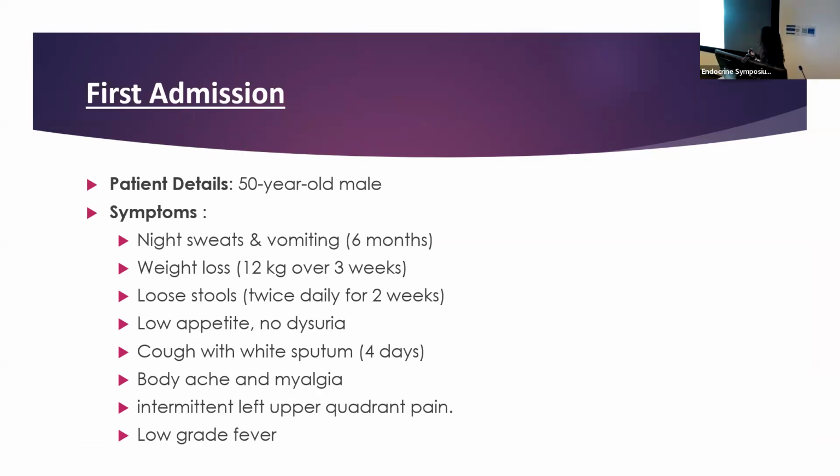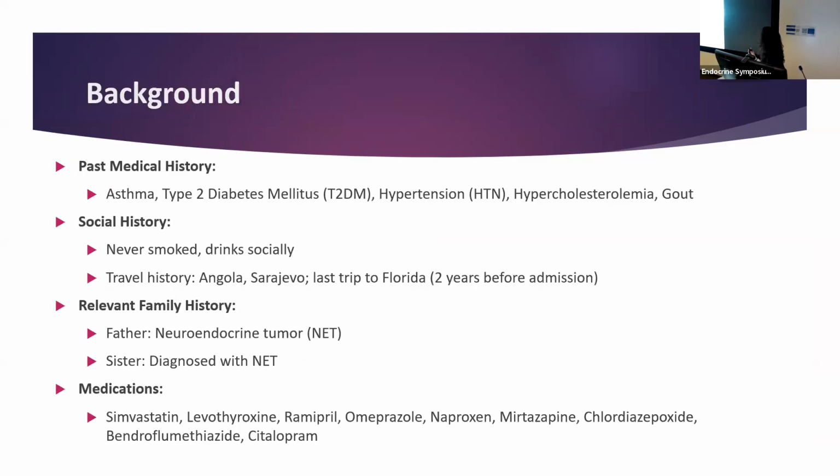So we started general investigations. His past medical history is asthma, type 2 diabetes, hypertension, hypercholesterolemia, and gout. He also had a notable family history of neuroendocrine tumor.